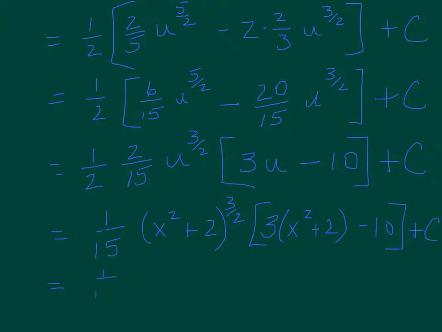And by distributing the 3 through the x squared plus 2 inside those brackets and combining like terms, we can simplify the answer just a little bit more. So this would be 3x squared plus 6 minus 10, so that'll be 3x squared minus 4 when we combine the positive 6 and the negative 10. So that's as far as we need to go with that one.